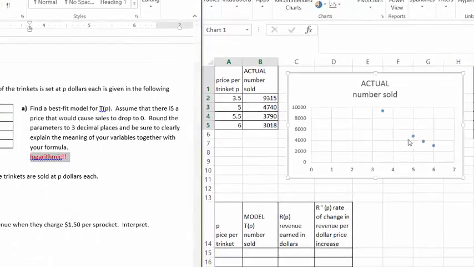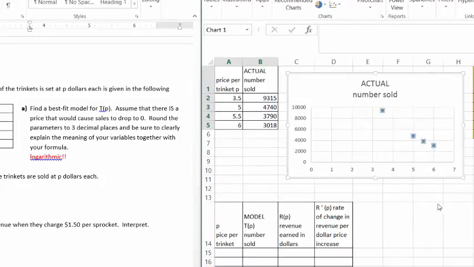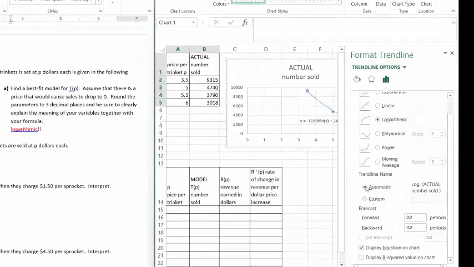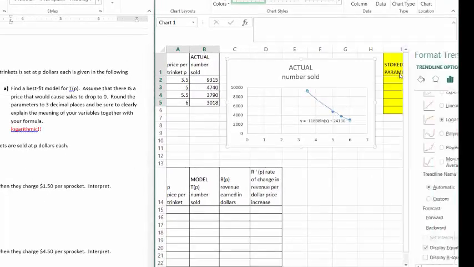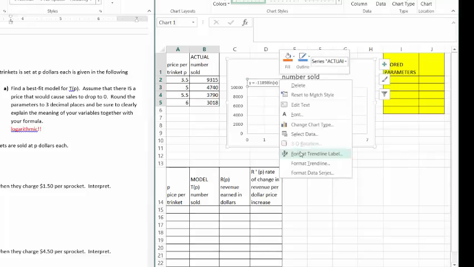So I click on one of the data points, right-click, and add a trend line. I'm going to select a logarithmic function and make sure it displays the equation on the chart. I'm going to just pull this equation up here. It says to please make sure that your parameters are rounded to at least 3 decimal places.